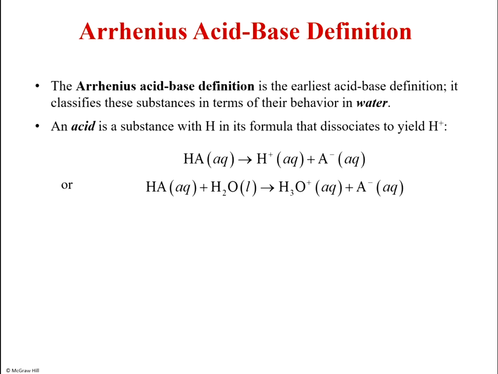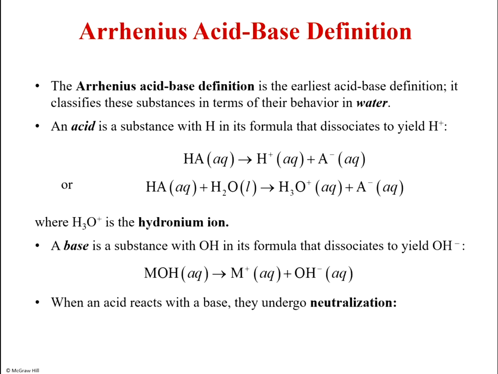You can write weak acid or strong acid going to proton plus the anion, or you can write the strong or weak acid reacting with water to go to hydronium ion plus A minus. So H3O+ is identified as the hydronium ion. I'll use proton and hydronium ion equivalently, bouncing back and forth, so please be comfortable with both of those terms.